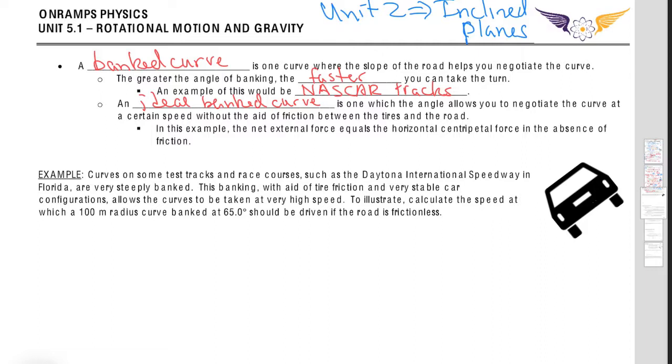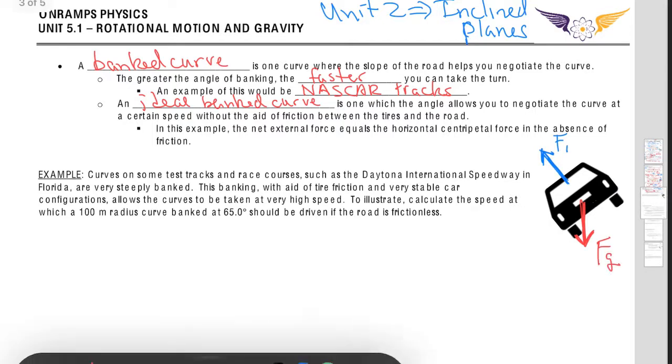So in this example, the net external force is going to equal the horizontal centripetal force in the absence of friction. Okay, and so if I do the free body diagram, it looks very similar to if we were on an incline. So we would have the normal force. We still have the surface, and because we're looking at if it was frictionless, we would have the weight down.